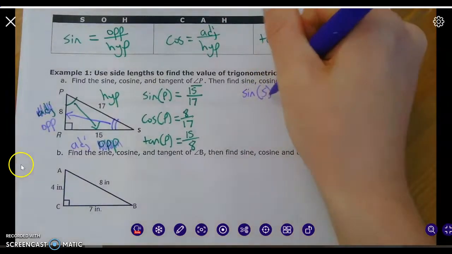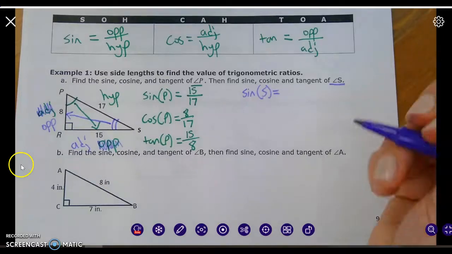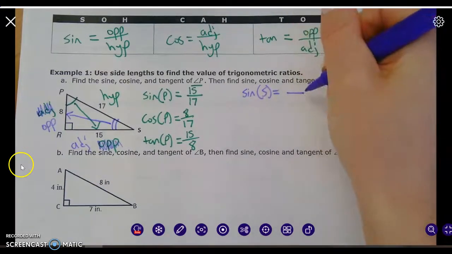So sine of S is equal to a fraction. Anyone got it? Anyone want to give it a shot? Okay, anyone agree?